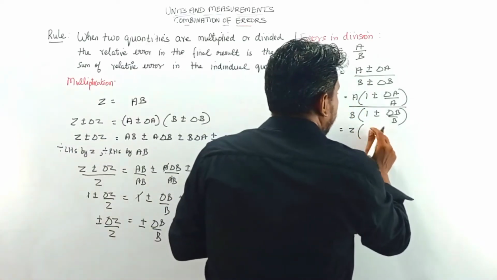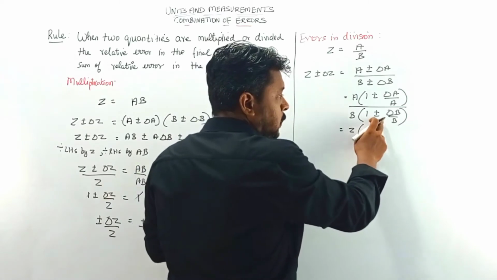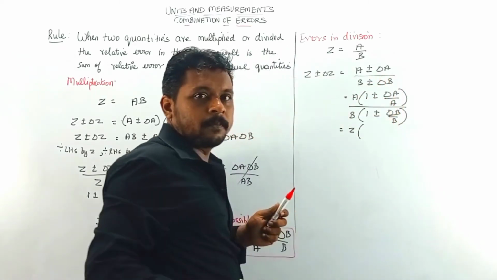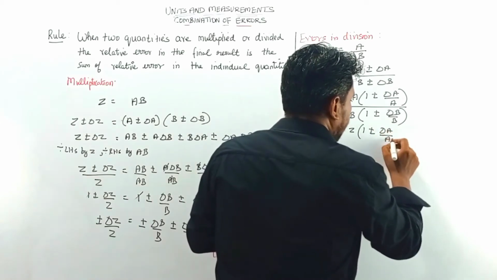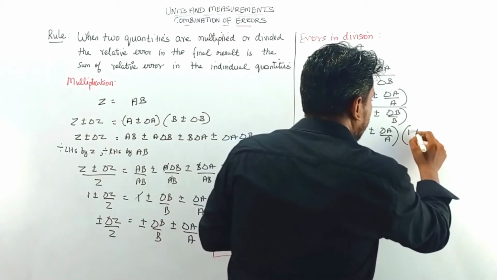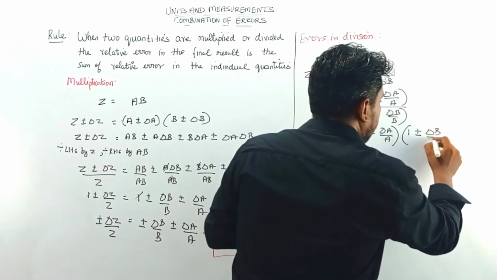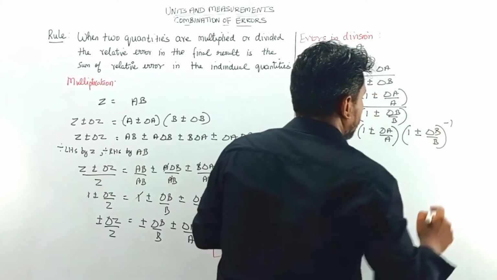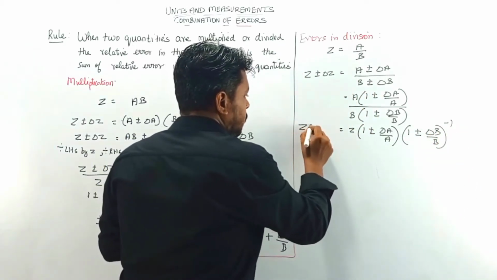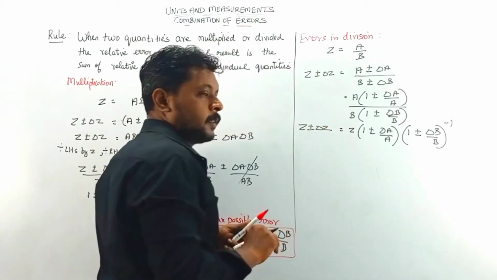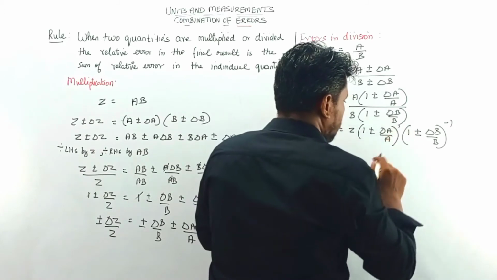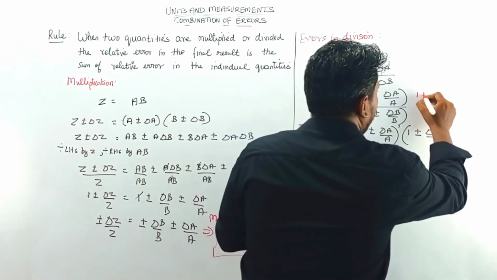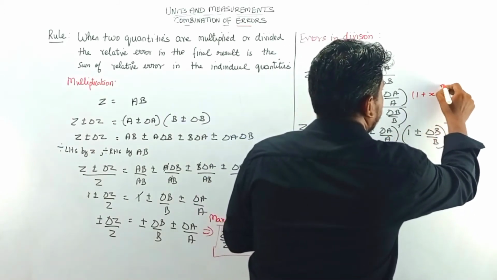I am also taking the term in the denominator to the numerator. So 1 plus or minus delta A by A into 1 plus or minus delta B by B whole power minus 1. This is Z plus or minus delta Z. See, these two terms are in the form 1 plus x whole power n.